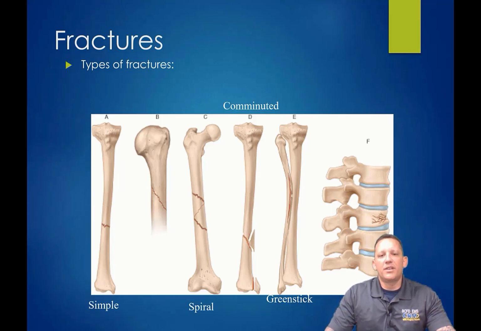Then we have the green stick fracture, where it's not completely through the bone, but it can fissure and run the length of the bone. And then you can see in the vertebra that compression fracture we were talking about earlier, in regards to somebody maybe having high speed or high forces directed up through the spine.